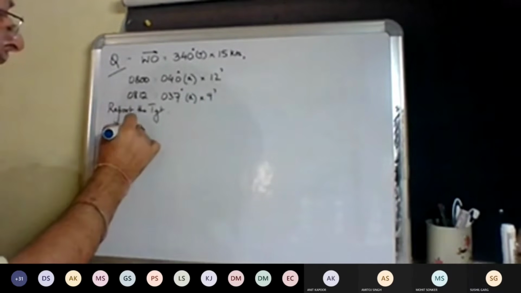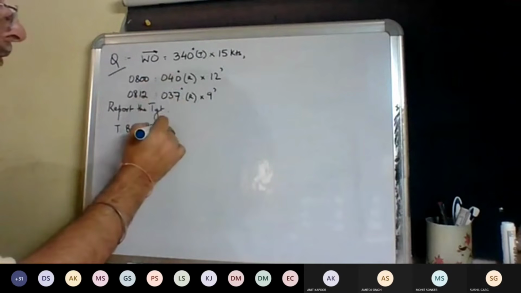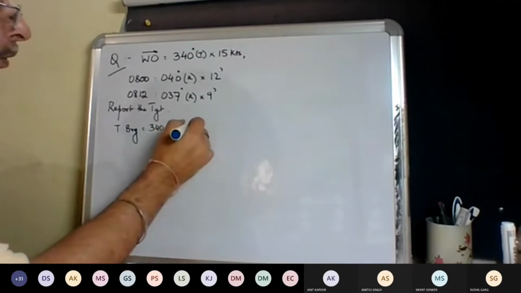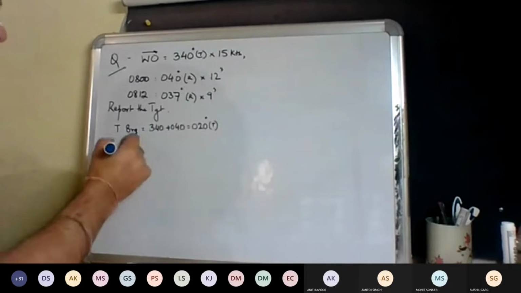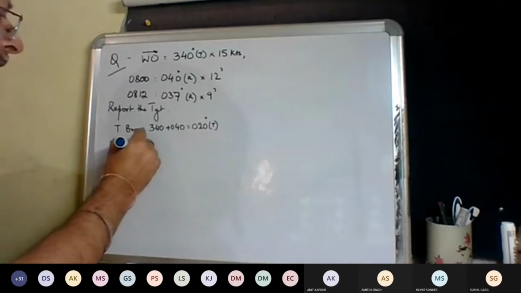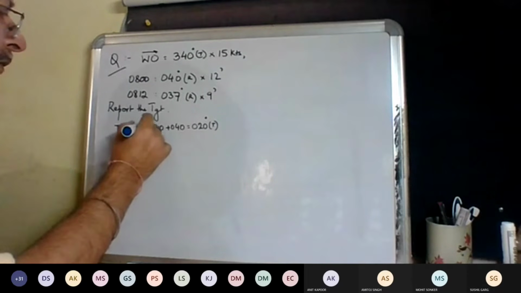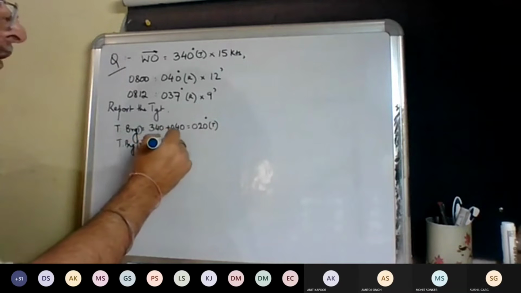So true bearing is 340 plus 40, which will give me 020. Similarly, the second true bearing. This was the first true bearing. Second true bearing will be 017.